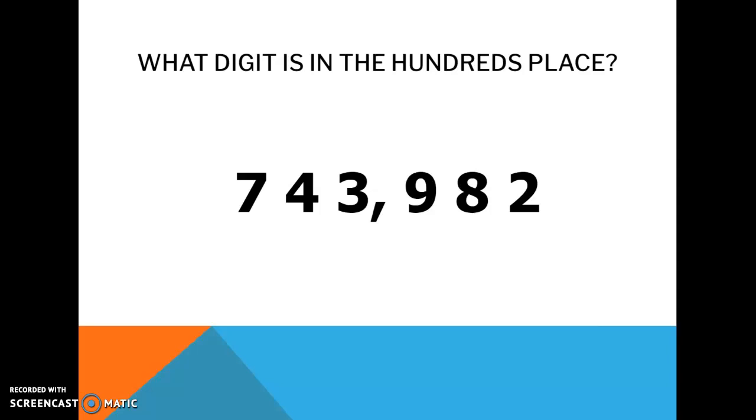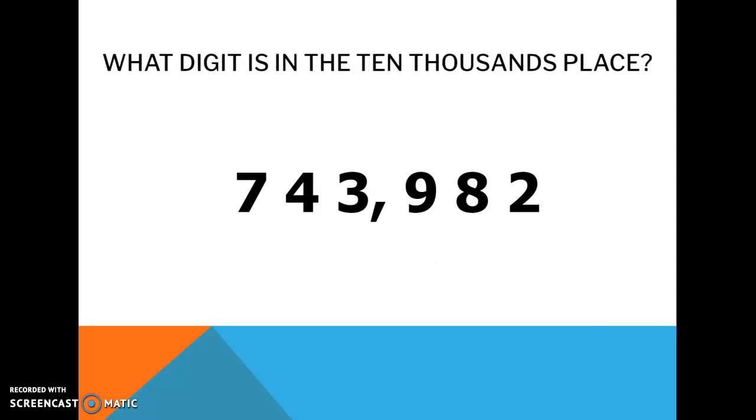What digit is in the hundreds place? Well, I could count from the right because I remember ones, tens, hundreds, so 9. 9 is in the hundreds place. You are right. What digit is in the 10,000s place? Let's try counting from the right again.